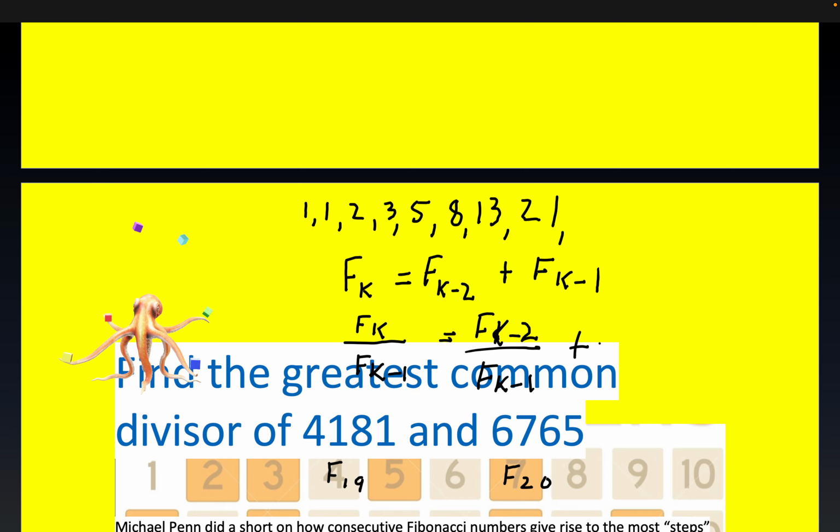But you can see that that's going to force this ratio to be between 1 and 2.